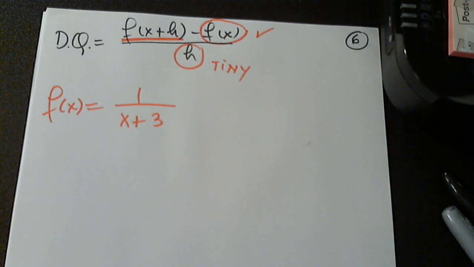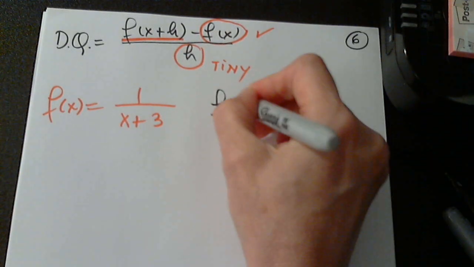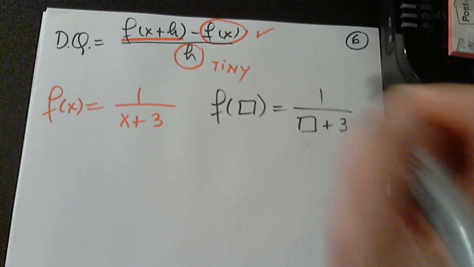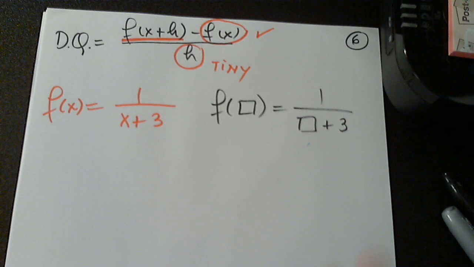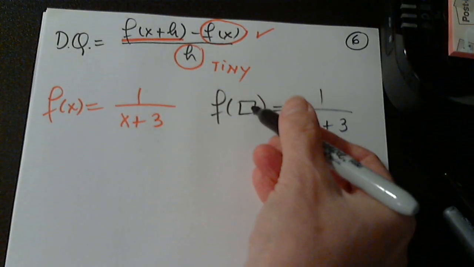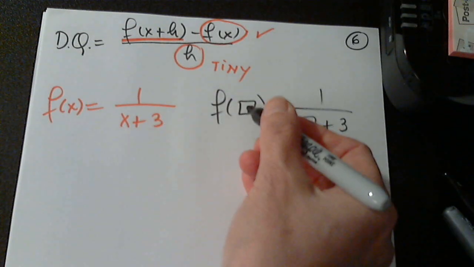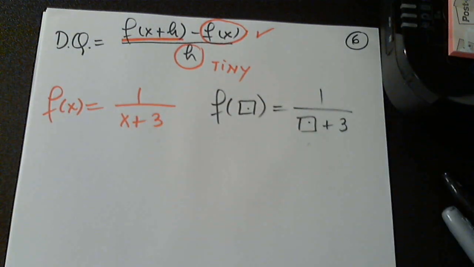If you give me this function and you ask me, what do you see? This is what I see. What does it mean? Well, this is the pattern. f of whatever equals 1 over whatever plus 3, where this and this are the same.